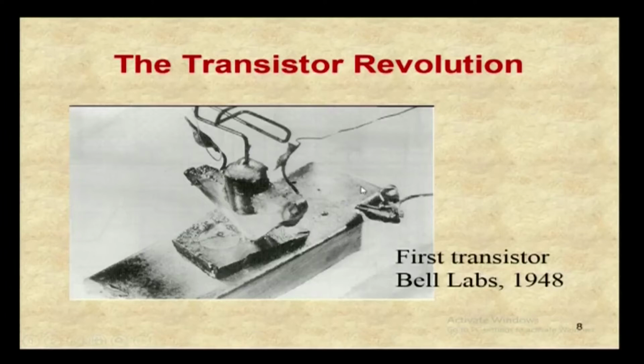Vacuum tubes had a lot of disadvantages: they needed higher voltages, higher power, and consumed more space. All these disadvantages were removed by using transistors. This may look very big, but actually this was the first transistor, and at that time the technology was such that it looks big.